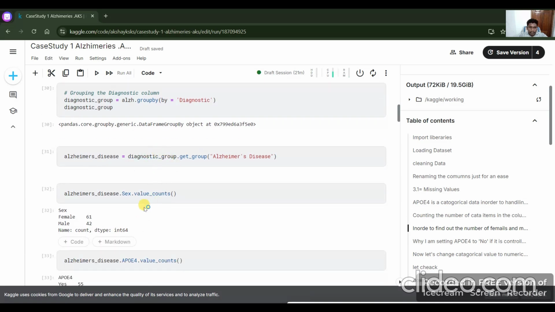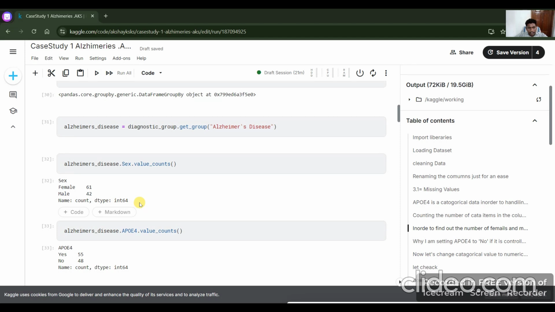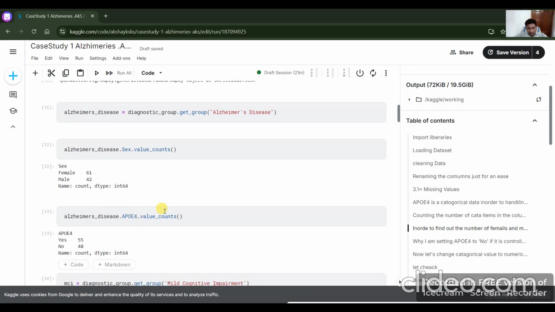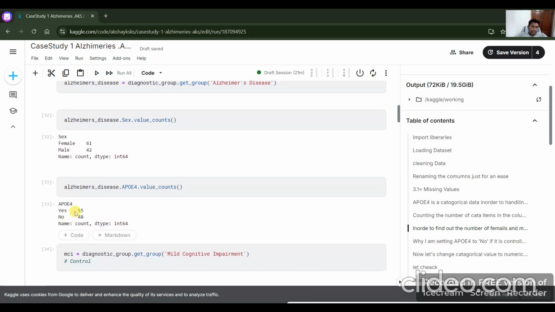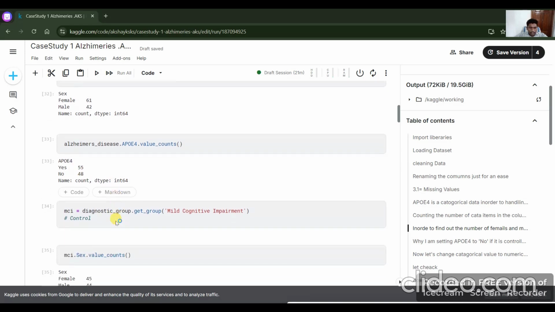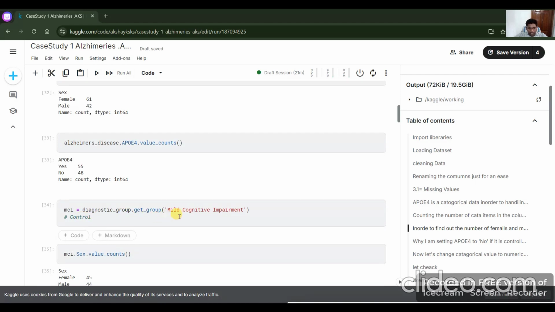Alzheimer's disease sex value count: female 61, male 42, data type int64. Then APOE4 value count: yes 55, no 48.